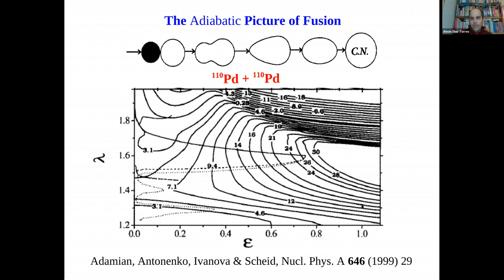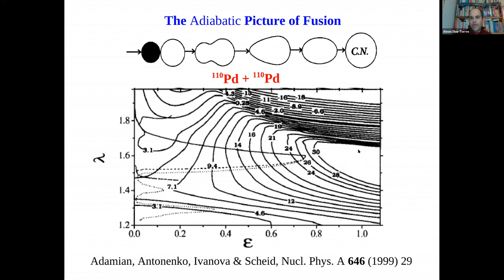As I mentioned before, these configurations of two touching nuclei will be sitting in this position. And when lambda is large, it means the two fragments are separated, and epsilon is large, let's say epsilon is equal to 1, we are here on this slope of the potential energy surface. Here you see there is a barrier.